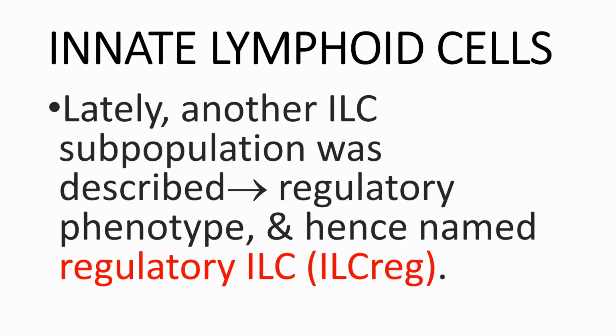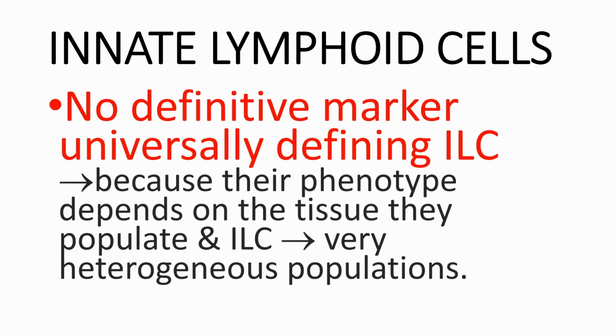Lately, another innate lymphoid cell population was described, with a regulatory phenotype, and they are named regulatory innate lymphoid cells. There is no definitive, universally accepted marker that can define innate lymphoid cells.